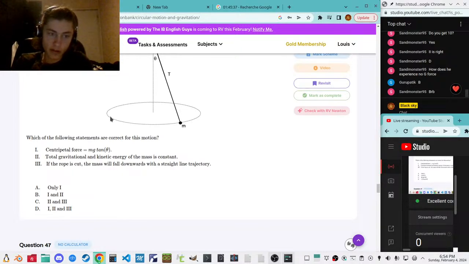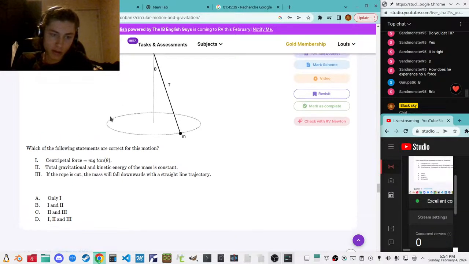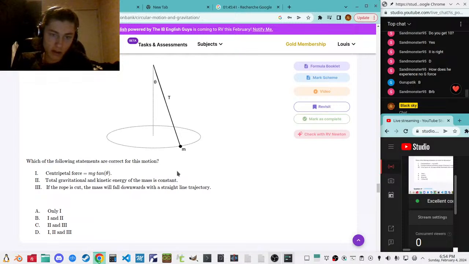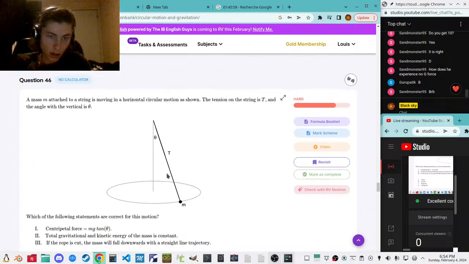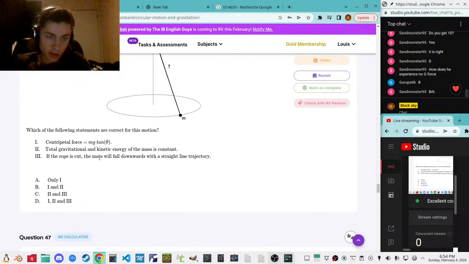Yeah, remember this is just a thing that it's mg tan theta. Okay, centripetal force is probably mg tan theta. Total gravitational kinetic energy of the mass is constant. Should be the case. If the rope is cut, the mass will fall downwards. That's false. Let's just say 1 and 2.